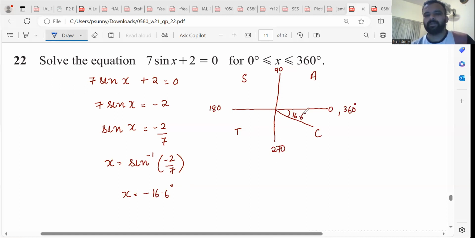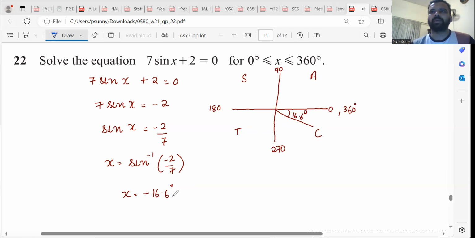So this will be 16.6 degrees here. Minus is basically the direction. If it is positive, going anti-clockwise. If it is negative, moving clockwise. So basically that sign is only for the direction. What we need here is the magnitude. So 16.6 is the magnitude.